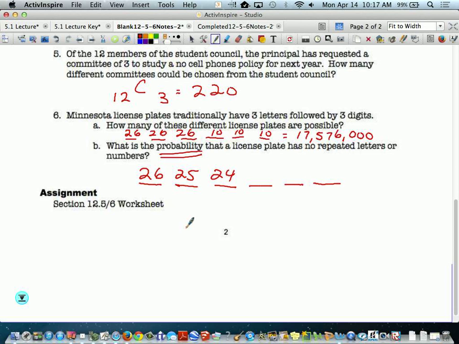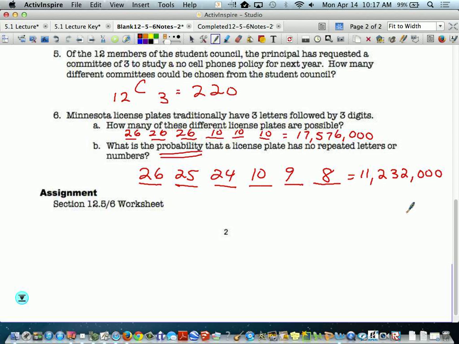And numbers, 10, 9, 8. So calculate that for me, please. 11,232,000. 11,232,000 license plates that do not repeat.